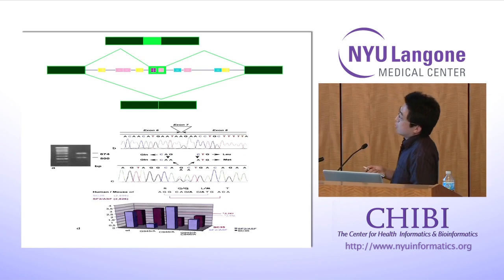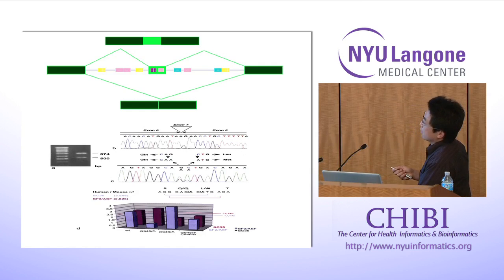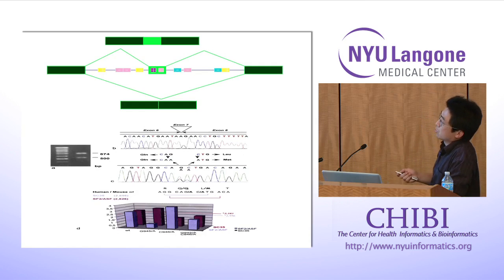Here is an example to show the results that are analyzed with the splicing elements analysis tool. So for exon splicing, basically you have signals. This is the traditional GT-AG signals at the splicing junctions. You have the branch sites somewhere.